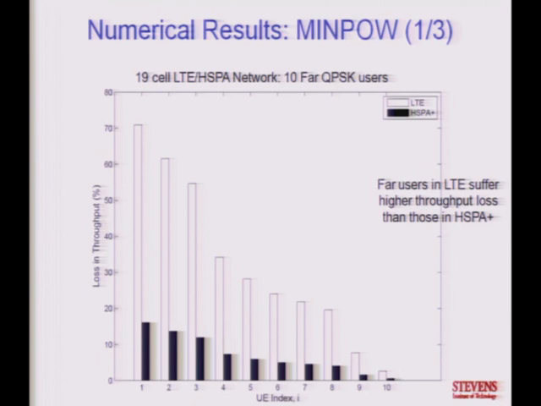Again, the reason is that we pick the correlation values from what is given on the web for these channels, which is why these kinds of numbers come in. That doesn't necessarily mean that LTE systems are bad or not good to be used. It just means that for far users, the LTE users suffer more than HSPA.